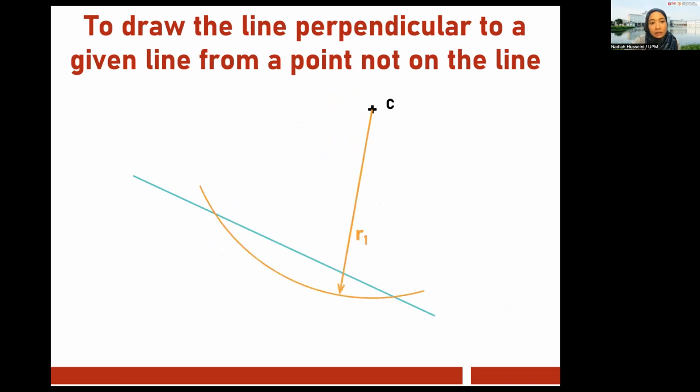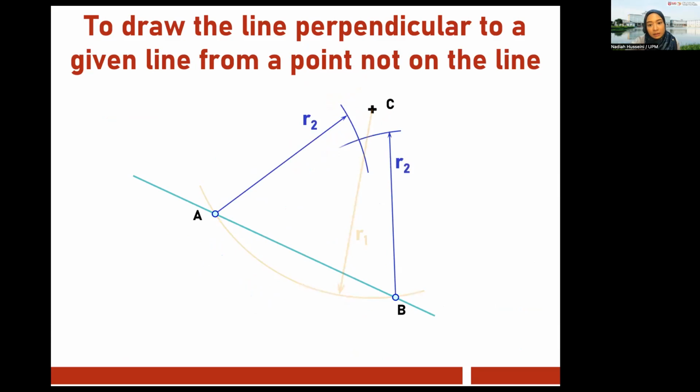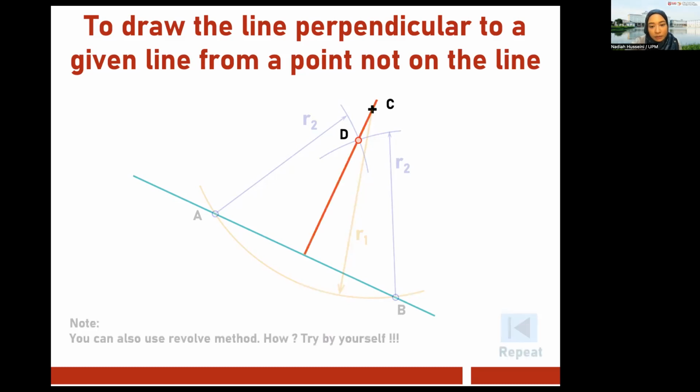A compass uses arcs anyway. Make an arc. Wherever it intersects, make another arc. Then from your intersection point, draw a line to the point C and connect it to the line. Note, you can also use the revolve method. How? Try it yourself. The revolve method is quite similar to the adjacent method, so you can try it yourself.